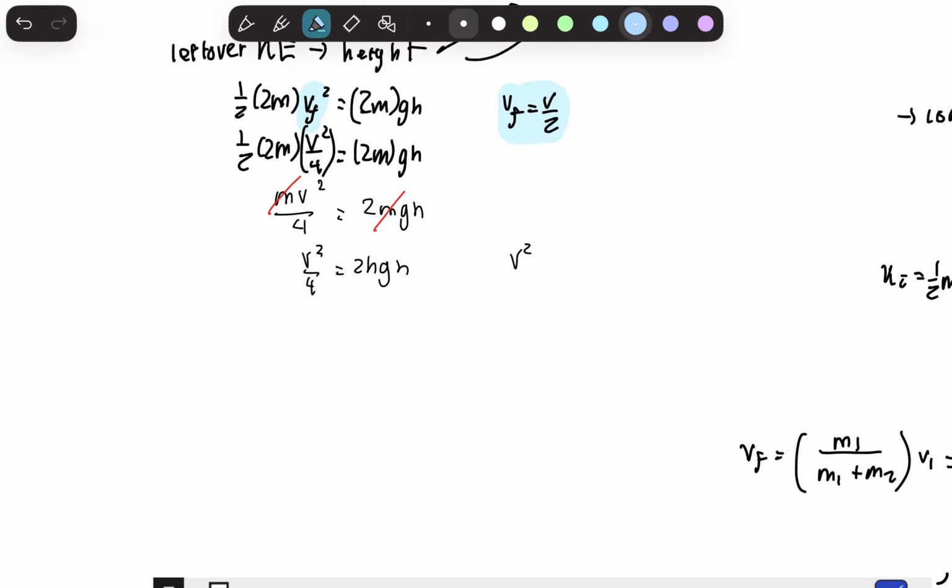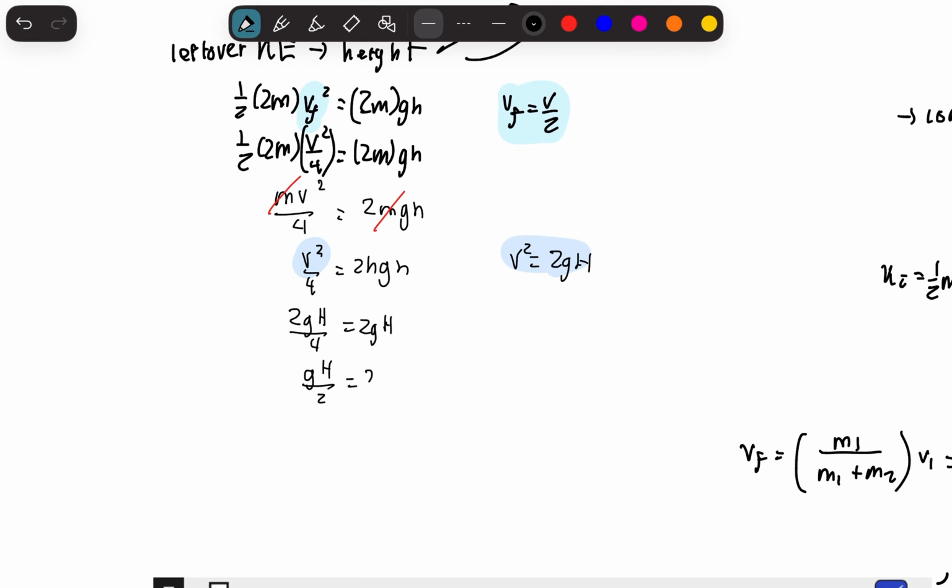And now we're going to take v squared and substitute that in right here. So v squared is equal to 2gh. If you sub this in, you are going to get 2gh over 4 is equal to 2gh. Gh over 2 is equal to 2gh, and h is equal to h over 4.